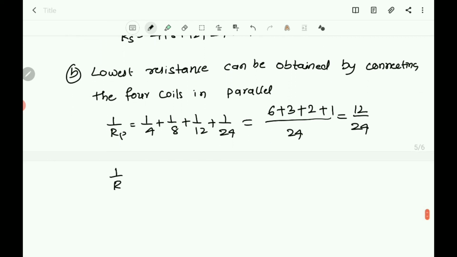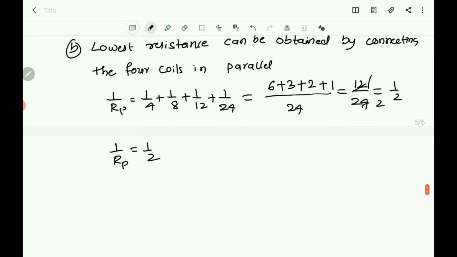So 1 by Rp is equal to 1 by 2. Therefore Rp is equal to 2 ohm. That is the lowest resistance you got here.